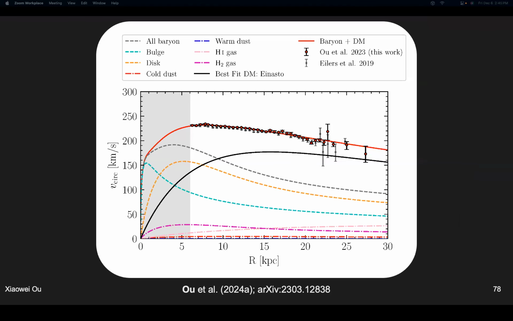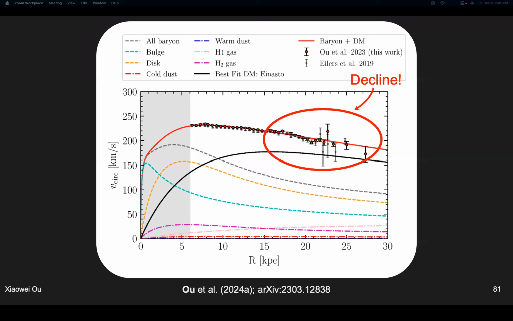But here's the final curve that we got. Again, it's a velocity curve as a function of distance. The red dots are showing the data points, with the black little error bars showing just the statistical uncertainties. So very nice, flat, but after about 15 kiloparsec, we start to see this decline in the curve.